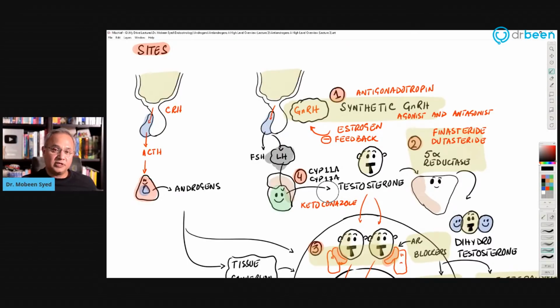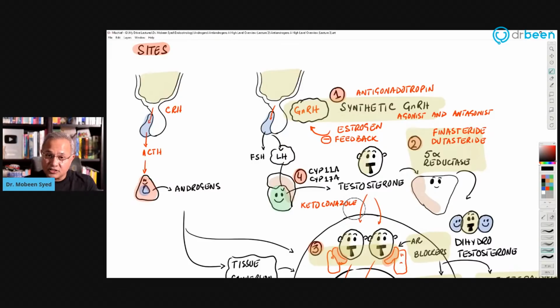Less LH will be released, less testosterone would be produced, even to a point that enough drop in the level of testosterone occurs that we can say it is medical castration. It is equal to castration. Almost no testosterone is present. Or we don't say it is not present, we say the levels drop to the castration level. That is how potent this drug can be.